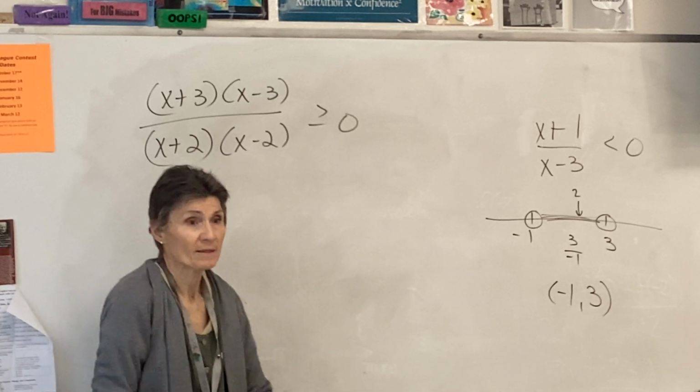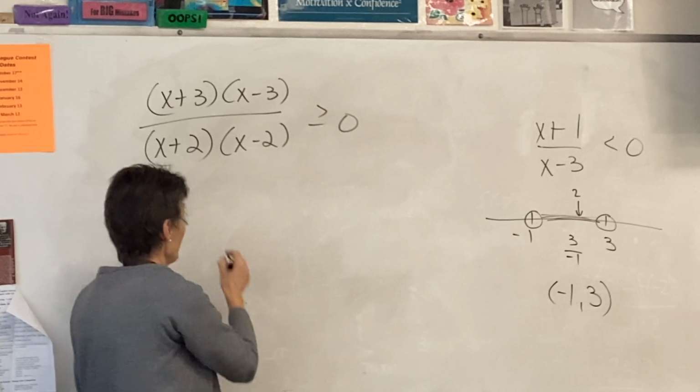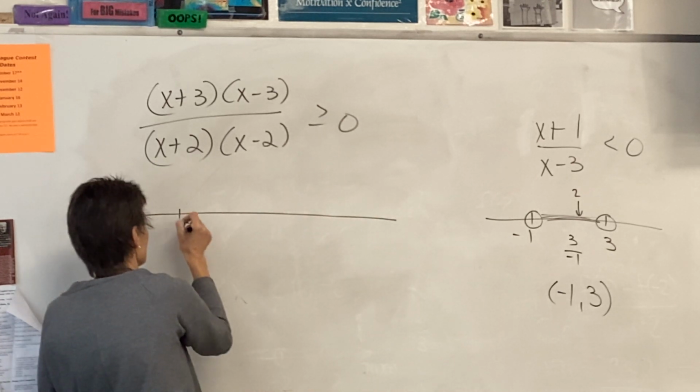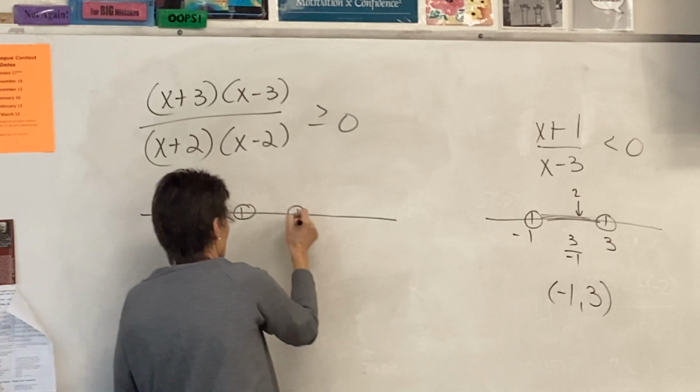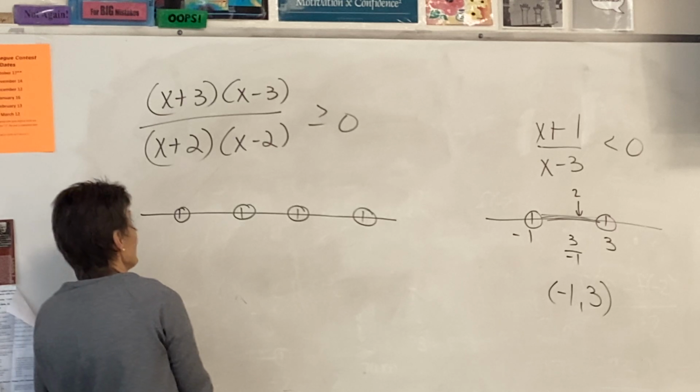Would everybody agree with that? How many dots are going to go on the number line this time? 4. And where are those dots going to be?